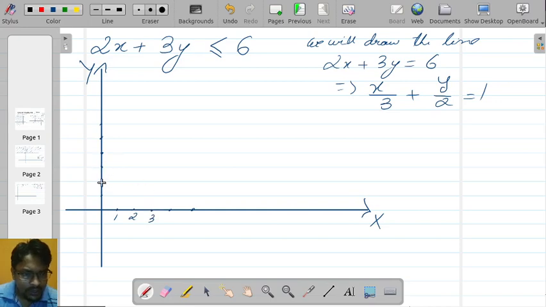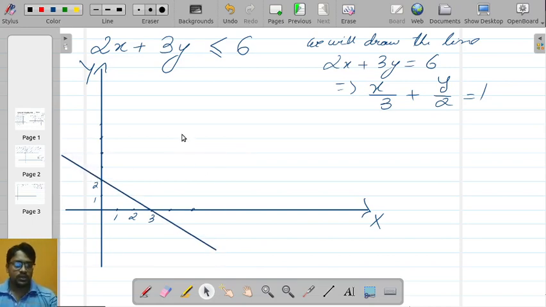And y by 2, 1 2. So this is a line which passes through 2 and 3. This is the straight line which passes through 2 and 3, so 2x plus 3y equal to 6.